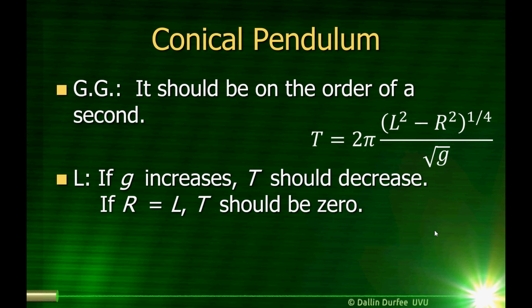Also, what would happen if r equals L? So I'm swinging this thing so fast that it's moving perfectly horizontally. All right, that means that in order to do that, I've got to spin it infinitely fast, right? Because that means that the y component of the string cancels gravity, right?